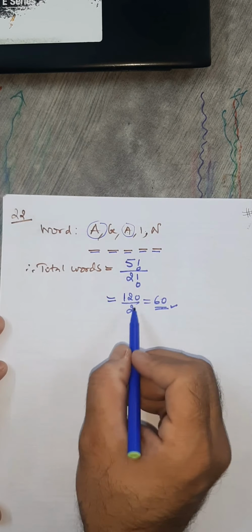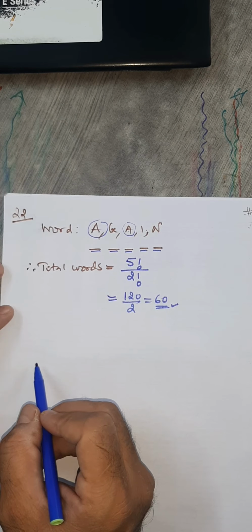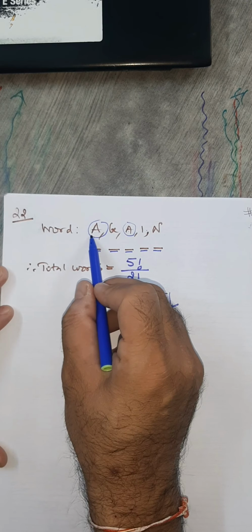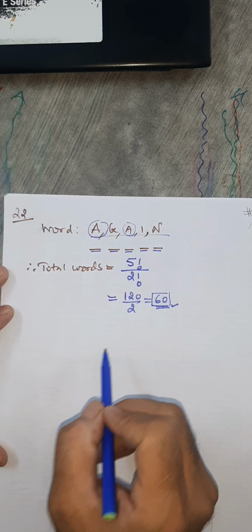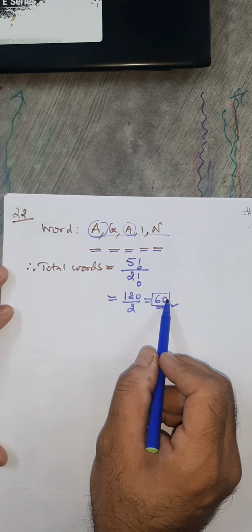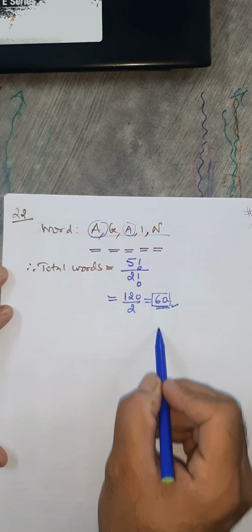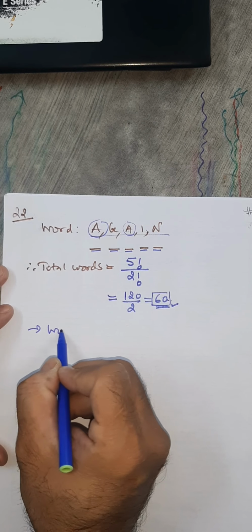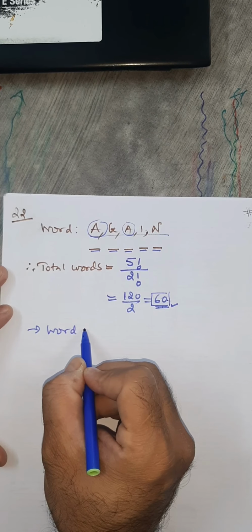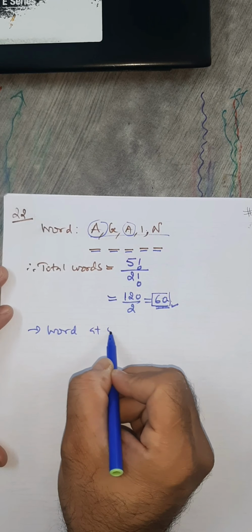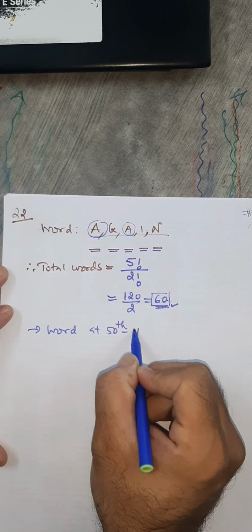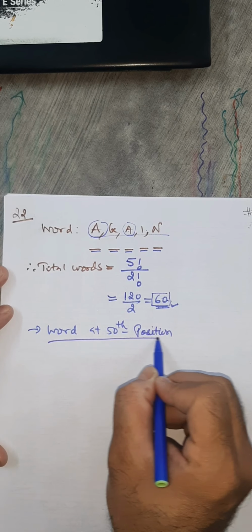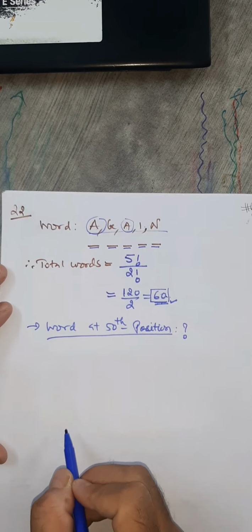Okay, that's one part. The second part is, if you list the different words from the letters of this word, there will be a list of 60 words. Now if these words are arranged according to dictionary order, then find the word at the 50th position. Which word will come at the 50th position?